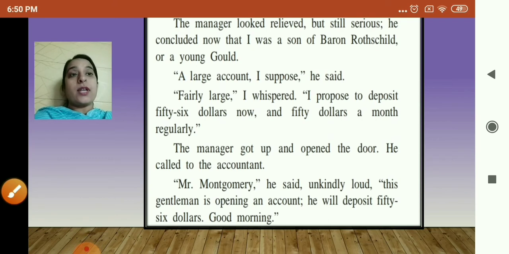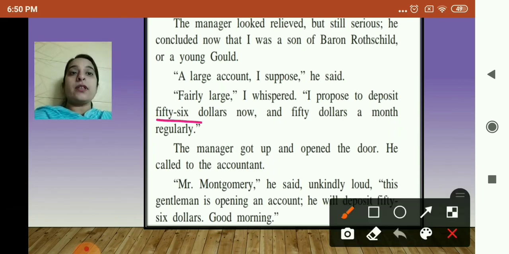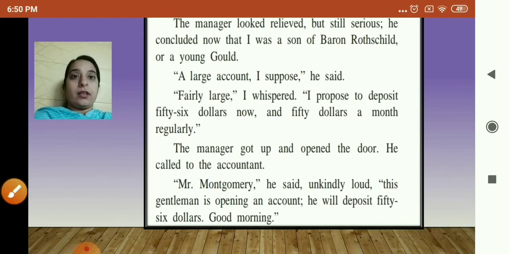"A large account, I suppose," he said. The narrator said that it was fairly large. He just whispered. And then he told that he intended to deposit $56. How many children? $56 now and $50 a month regularly. The manager got up and opened the door. He called to the accountant.